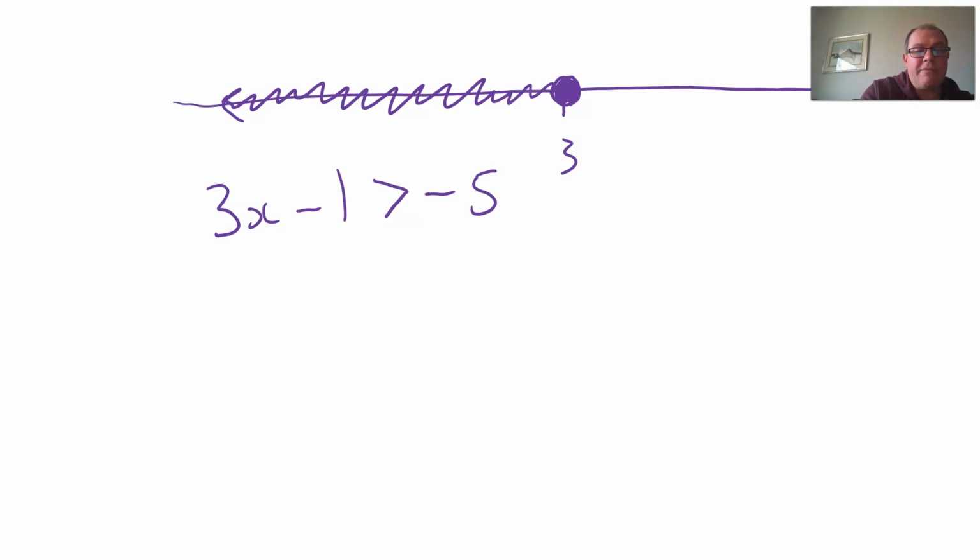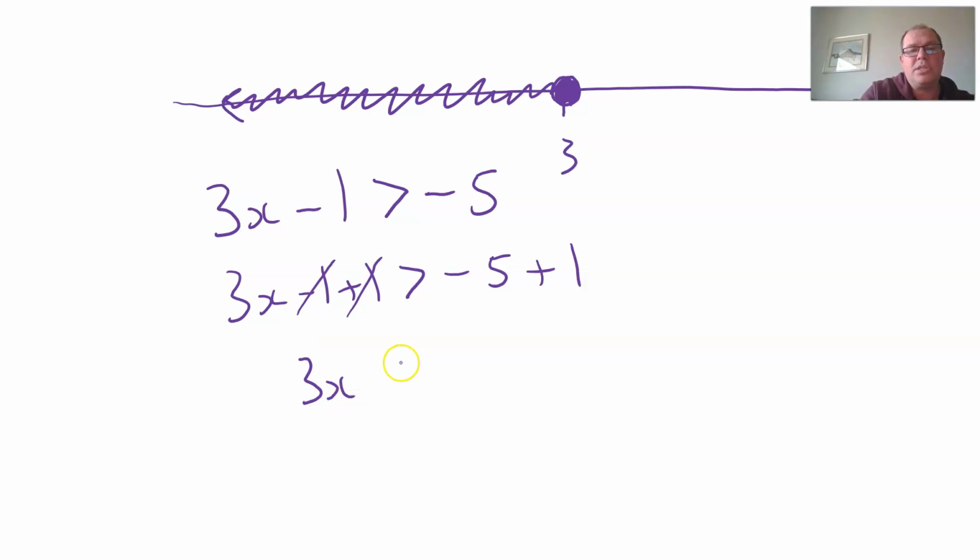So the first thing I want to get rid of is the minus 1. So I'm going to add 1 to both sides. So 3x minus 1 add 1 is bigger than minus 5 add 1. As we wanted, minus 1 add 1 cancelled, they make 0, and I'm left with 3x on the left-hand side, much simpler. And minus 5 add 1 is actually minus 4. Now I want to divide both sides by 3.